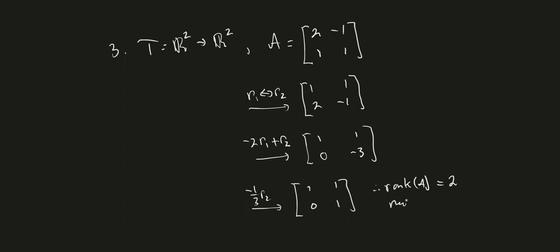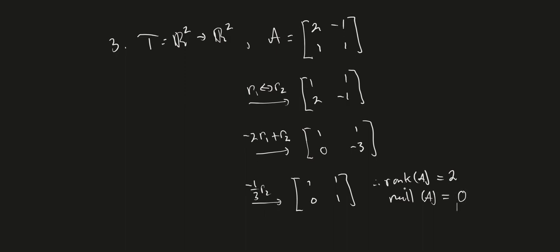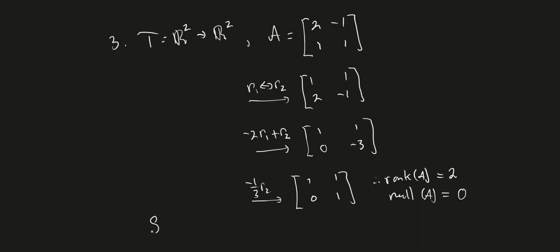The nullity of A, no free variables, is 0, right? So since the nullity of A is equal to 0, this means that T is 1 to 1.